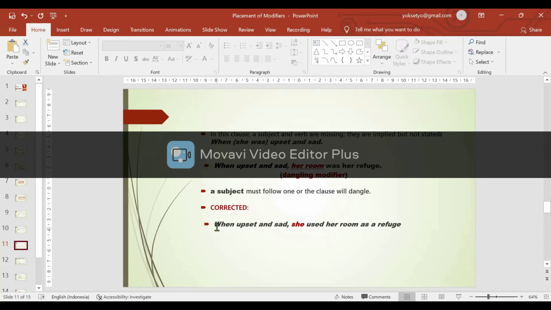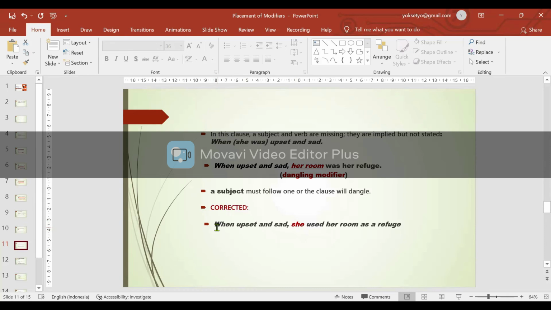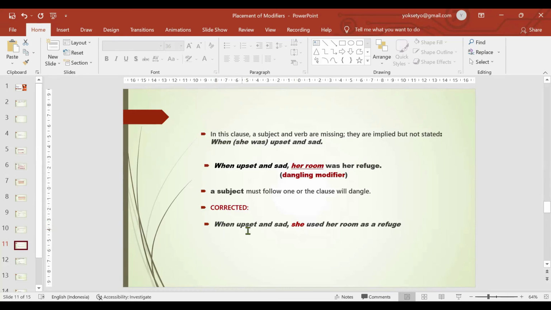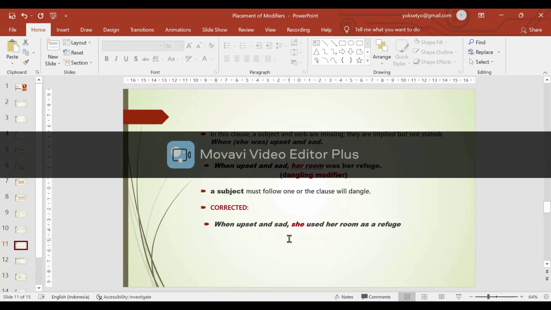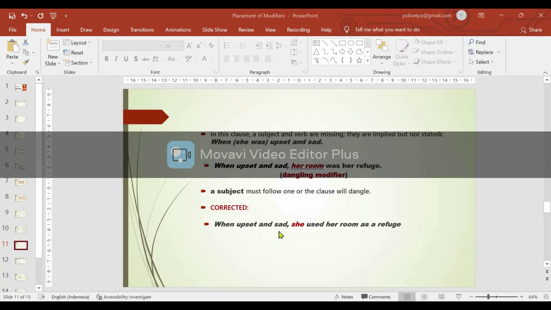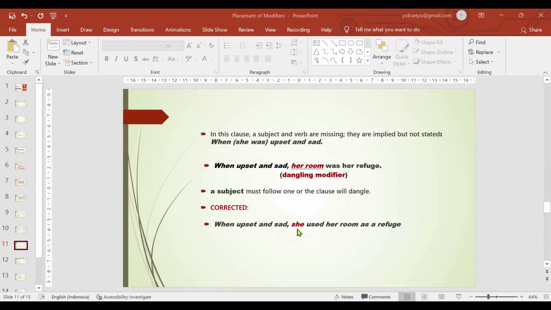And in the first clause, when upset and sad, it means that the subject is also she. Yeah, she was upset and sad. So the principle of a complex sentence is that you should have the same subject.